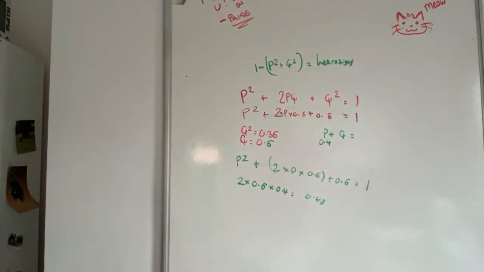I want to try another Hardy-Weinberg question, to see if I'm being utterly thick or whether we have been taught this wrong. Because it tells us here that p plus q equals 1.